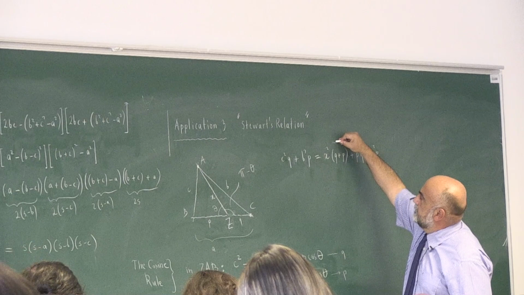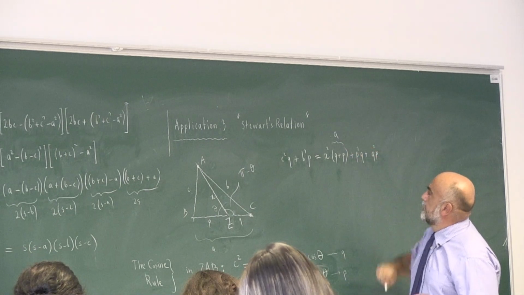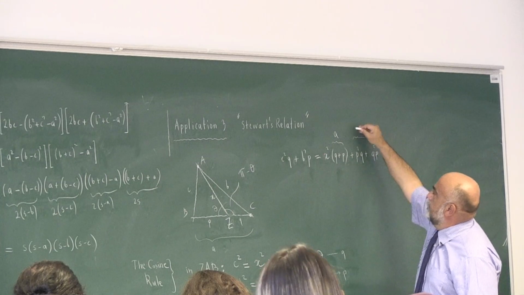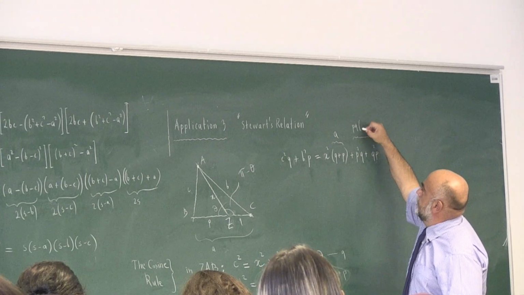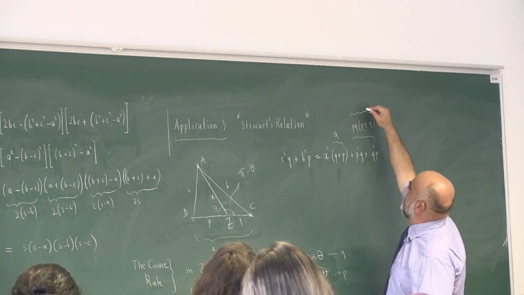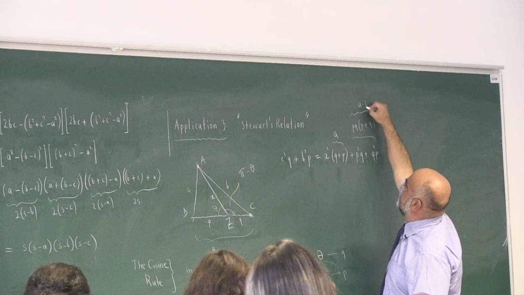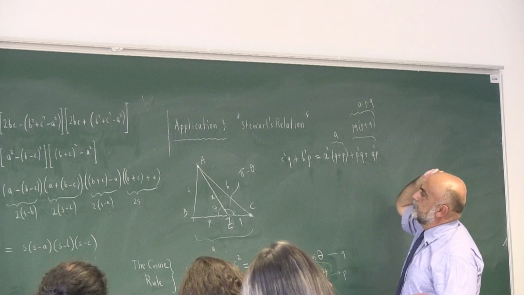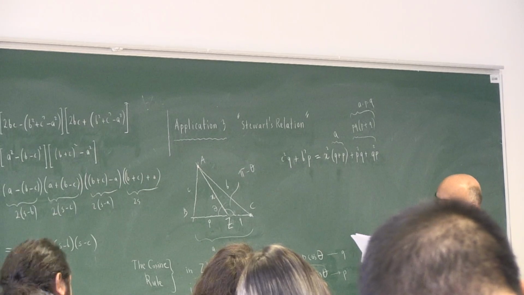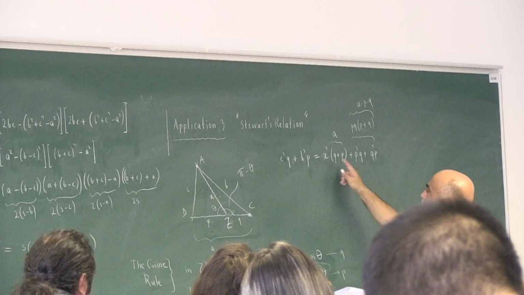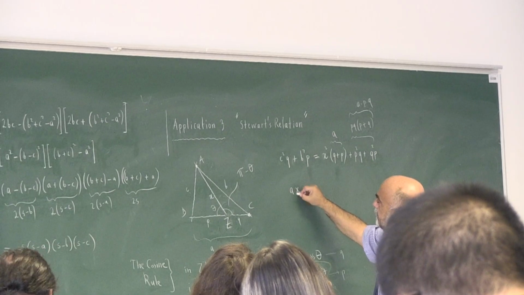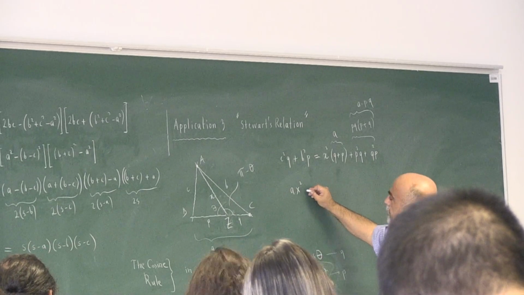So what do we have here? P plus Q is, as you know, a. This piece can be written in the following form: PQ times (P plus Q). So I can actually write it as a times PQ, which is great. So I have the following formula: a times X squared, and this is how I like to write it.